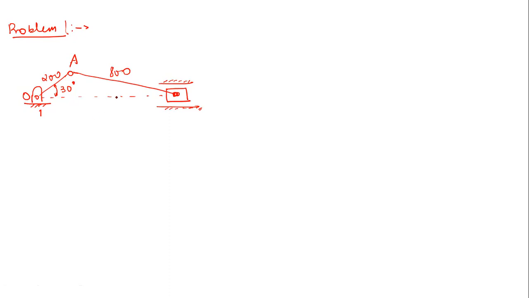Now what is given? The crank length is given as 200 mm, then this length is given as 800 mm, right? Now the position of this crank at a particular instant of time is given, that is, at a particular instant this crank OA is making an angle of 30 degrees with the horizontal, right?